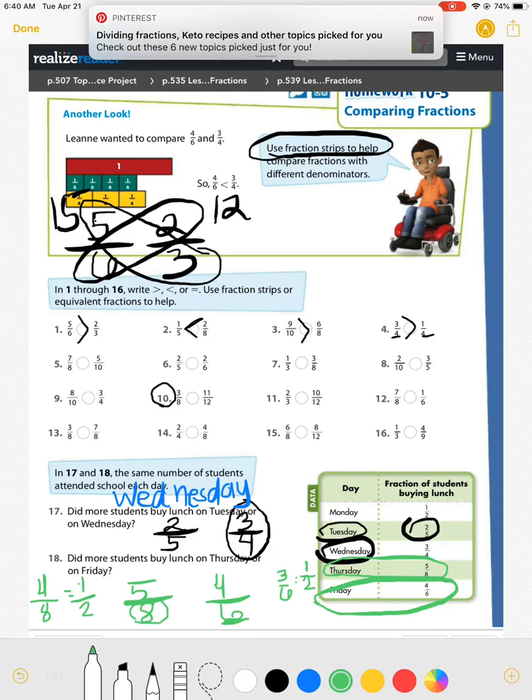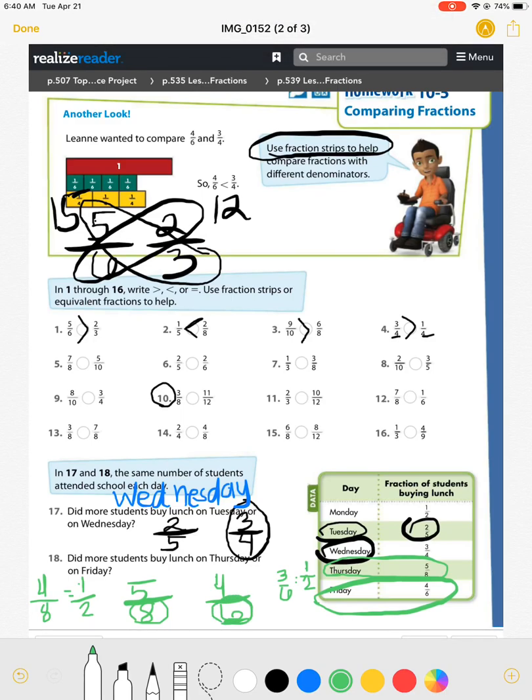So the 1/8 pieces are going to be smaller pieces. And the 1/6 pieces will be a little bit bigger than the 1/8. So 5/8 or 4/6, I think 4/6 is bigger on Friday.